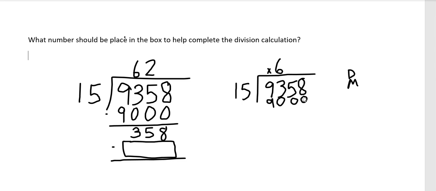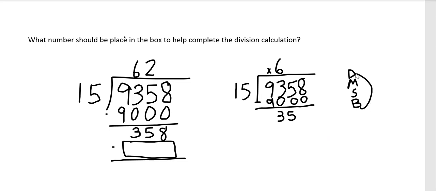And then my next step is subtract. When I subtract 90 from 93, I get 3. And then the next step is to bring down the next digit, which is a 5. And then we start back over the process.